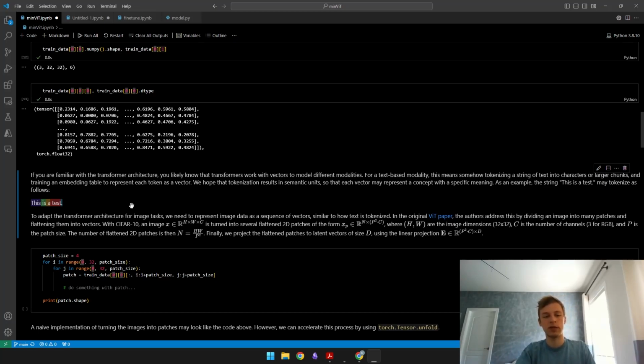Now, for language modeling tasks, what we do is fairly simple. If we have a sentence and we want to do something with it, we can split the sentence into tokens, and these tokens can be character length tokens, so we can split every character into its own token and then have a lookup table. Each character would have a vector, and then we could do language modeling tasks.